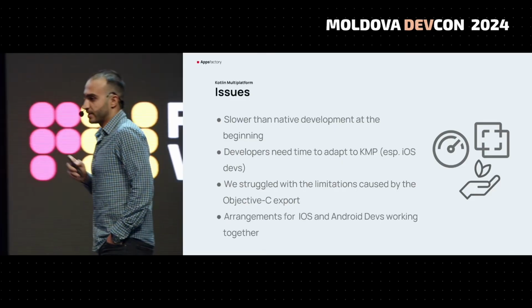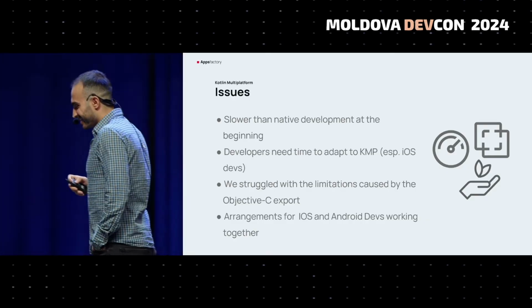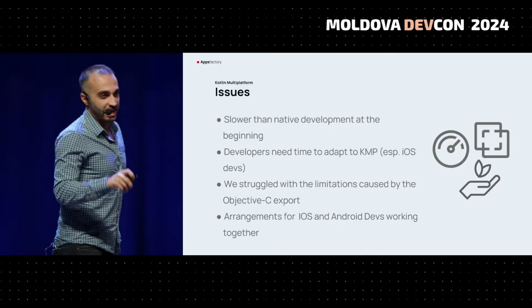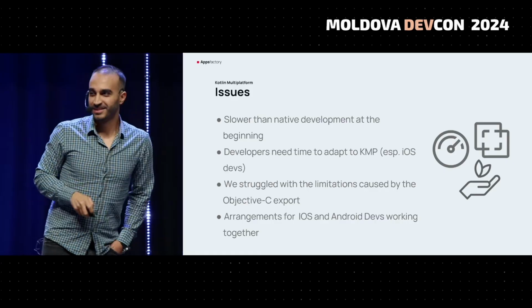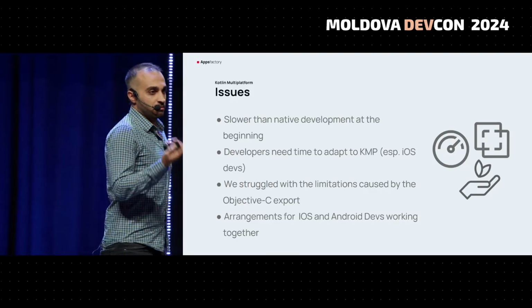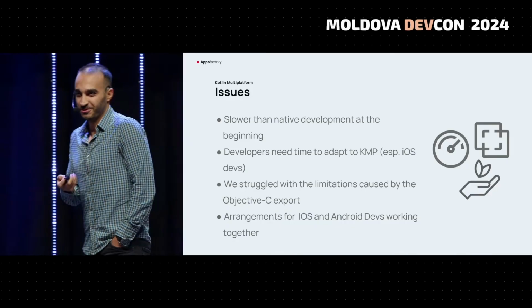So, arrangement for iOS and Android devs working together: since it is not 2 separate projects, they have to work in the same project. You know, they see each other's code. And one morning you wake up, you're not in the mood. You just decide, I'm going to review iOS code today. You know, you choose violence.